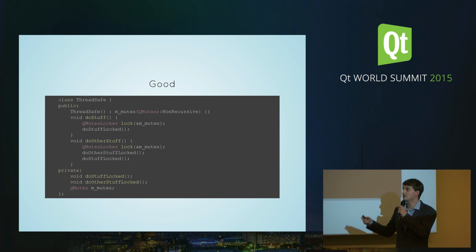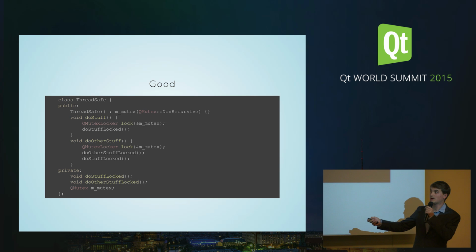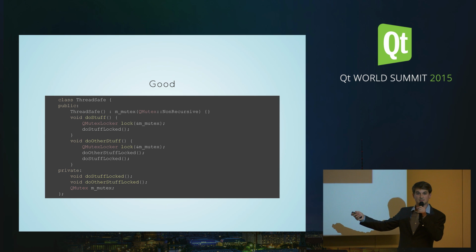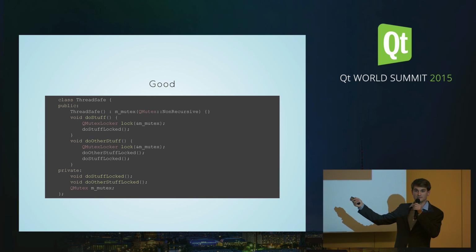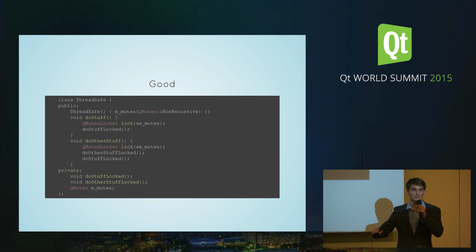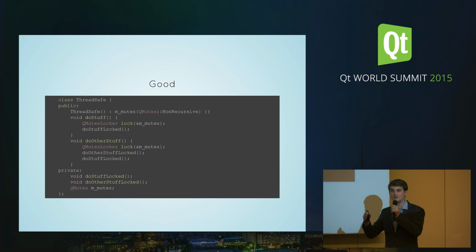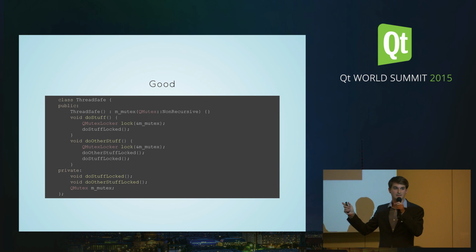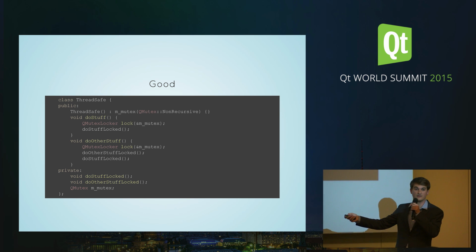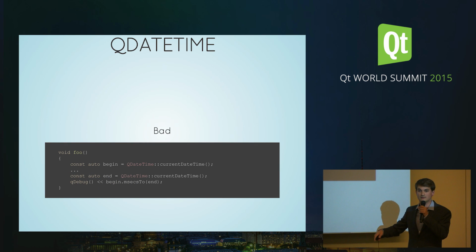So instead, you should restructure your code to have the public API always grab the QMutex, use a non-recursive mutex, and then delegate to actual implementations that are private and cannot be called from the outside. And in these functions, you don't care about the lock. You assume that, okay, once I'm called here, I know that the lock is held, and you cannot deadlock in here if you only call locked functions from them. It's all fine.